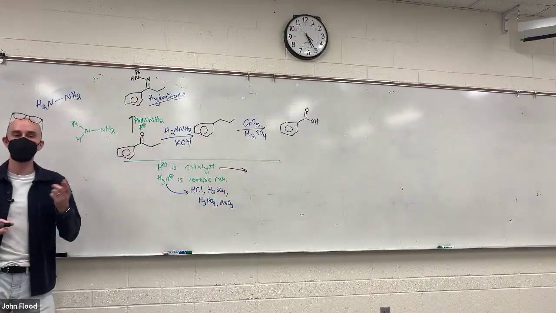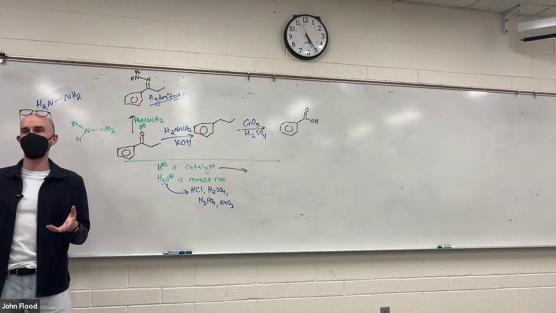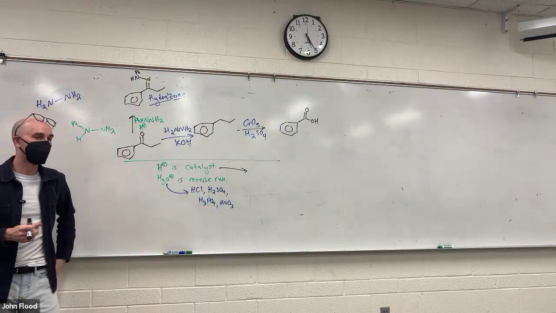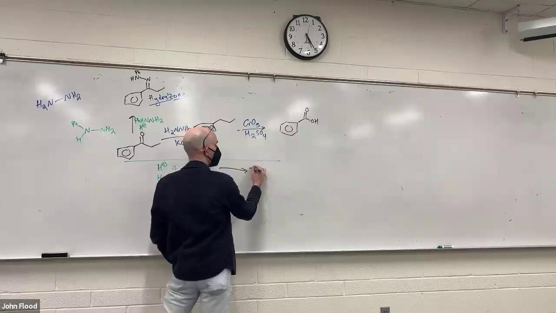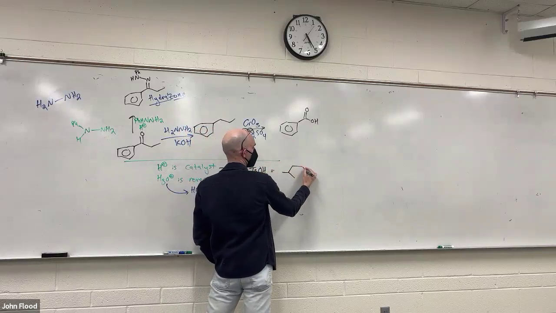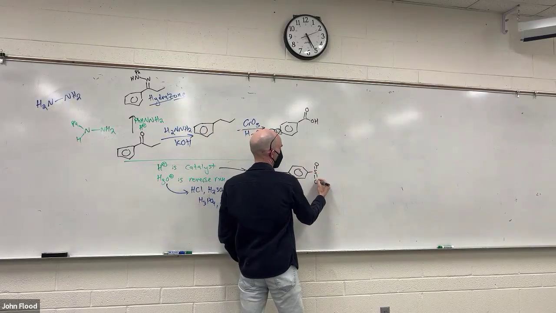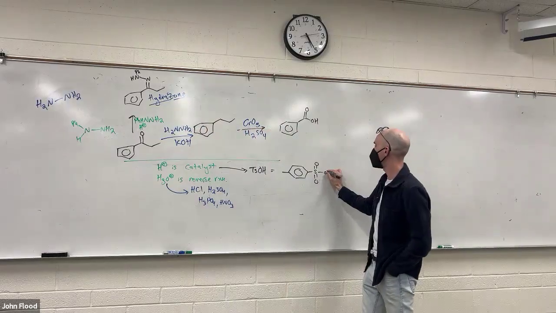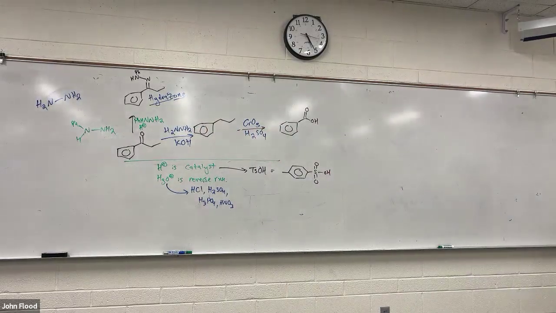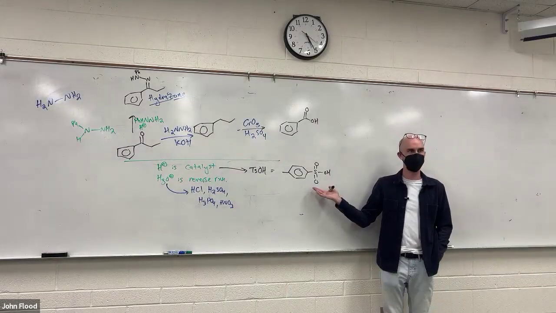And this is going to become relevant in our mechanisms today because there's no one right answer for what you show as the source of H+. We can use things like tosylic acid. And you might remember that tosylate from our leaving groups in OChem 1 reactions. That's actually just para-toluene sulfonic acid.